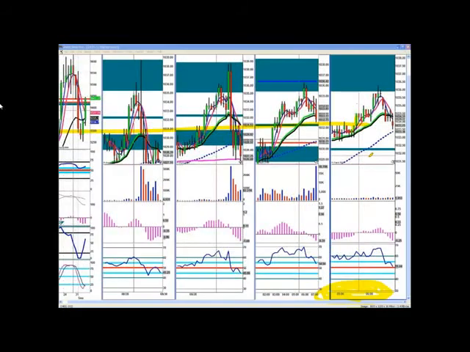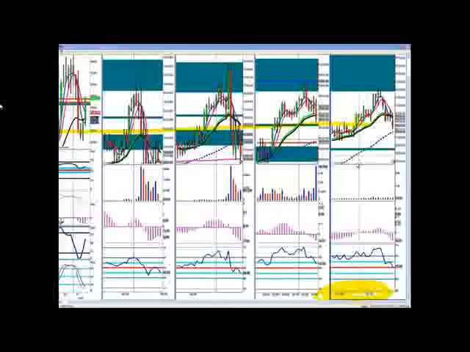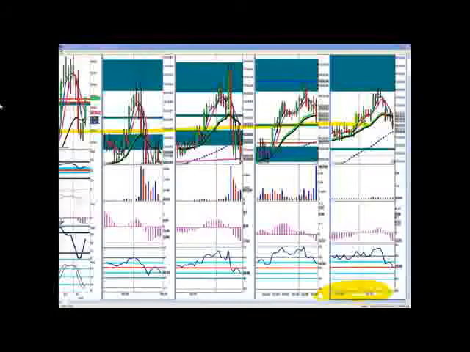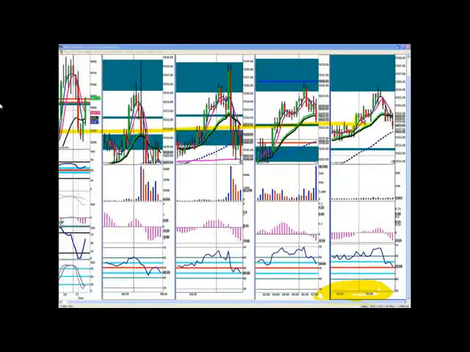Can anybody see the chart on the screen there? I see Rick says that he's not seeing it. Okay, so everybody else but Rick is seeing it. All right, Rick, you're going to have to take a look at your system. Well, that's very strange. Let me try a different setting. Okay.